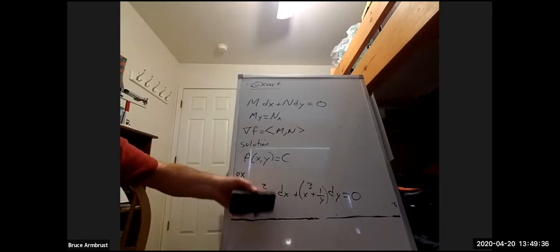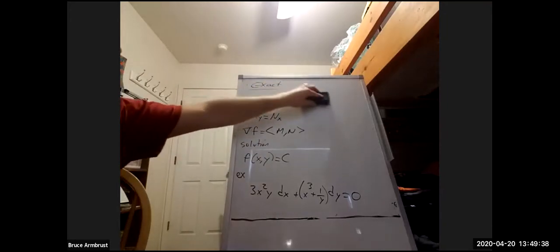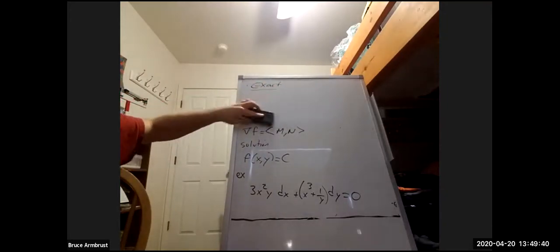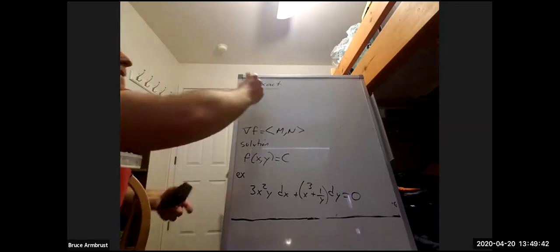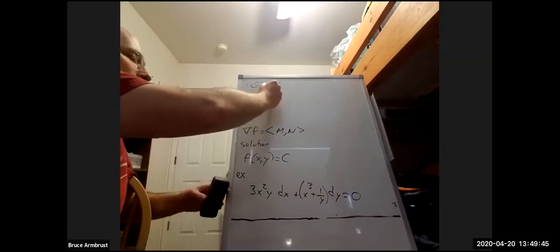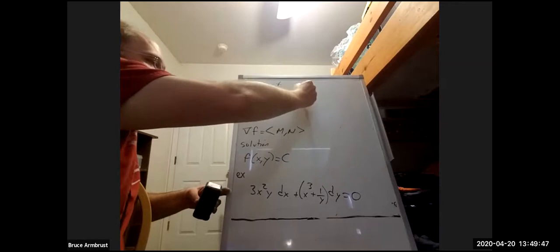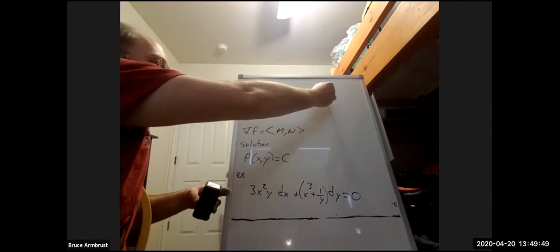So it's of the right form, right? An M dx plus an N dy. And then we can confirm that it's going to be exact by doing the check real quick. M_y here is 3x squared, and N_x is also 3x squared.